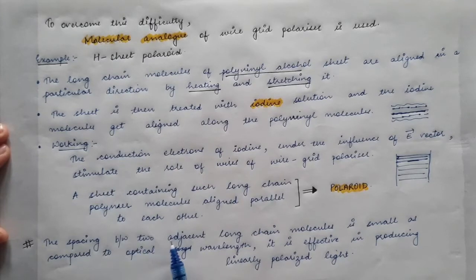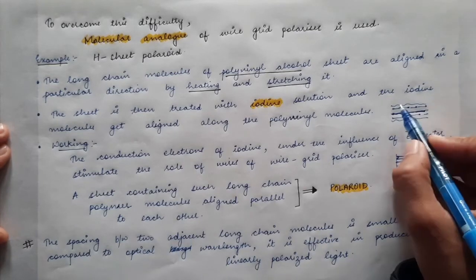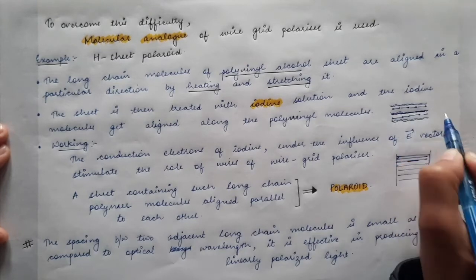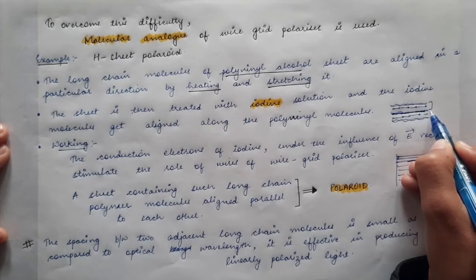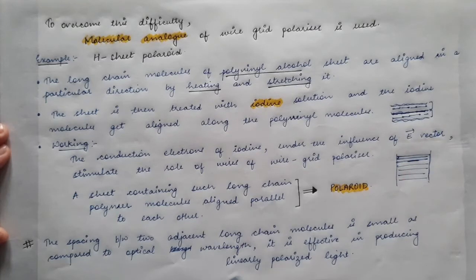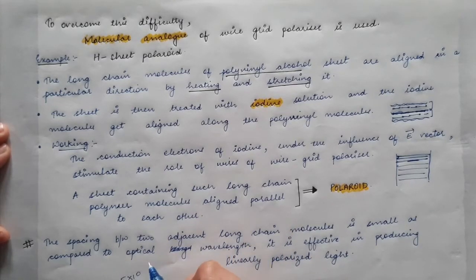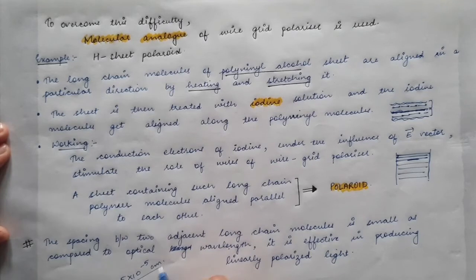The spacing between two adjacent long chain molecules: let's say this is a polymer molecule, and this is a polymer molecule. The spacing between these long chain molecules is very small as compared to the optical wavelength. What optical wavelength have we taken? It is around 5 × 10⁻⁵ centimeters.